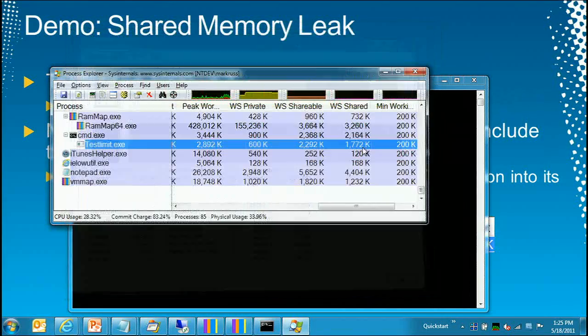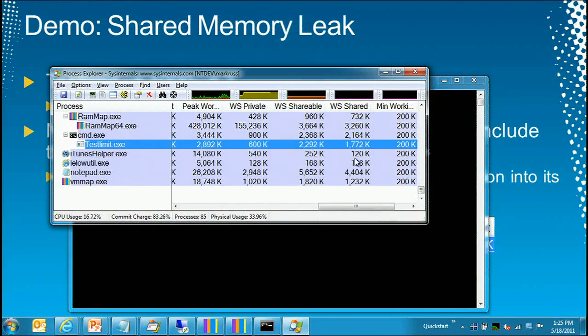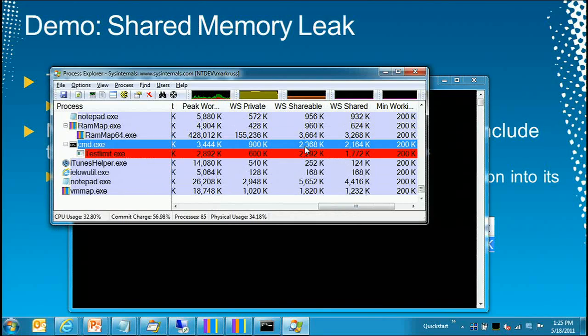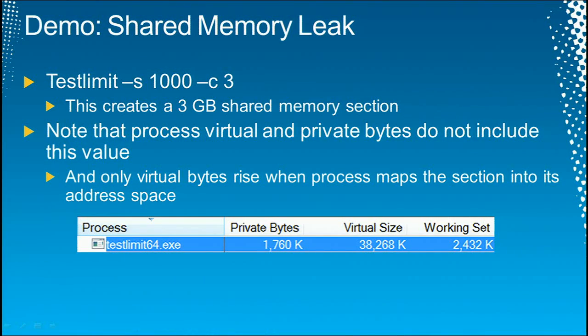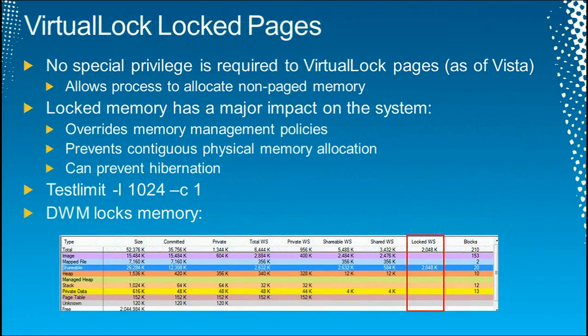And that is the deviousness of a shared memory leak. Now, there is a way to figure out what it is, but you've got to know what you're looking for, and you've got to know how to use a kernel debugger. So that's one of the big ones.